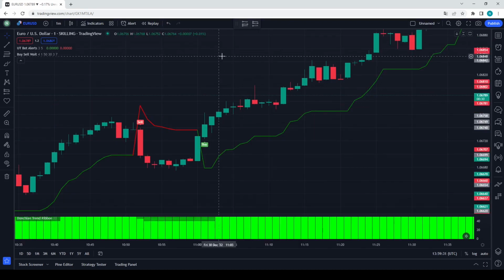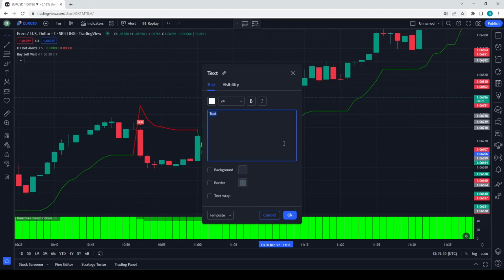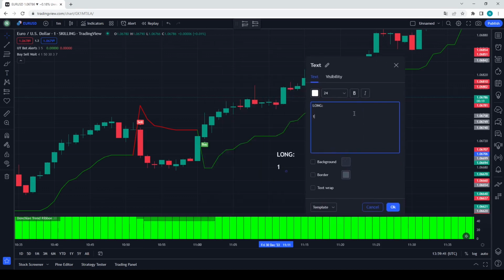So what are the signals for a long signal? Let's quickly write that one down. For a long trade, first, we want to have a long signal, obviously. Then the second condition is that this line over here has to change its color from red to green.